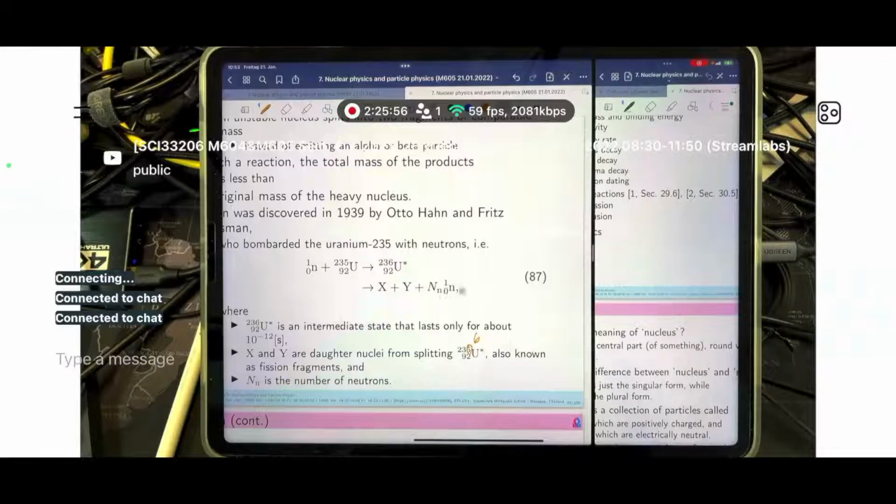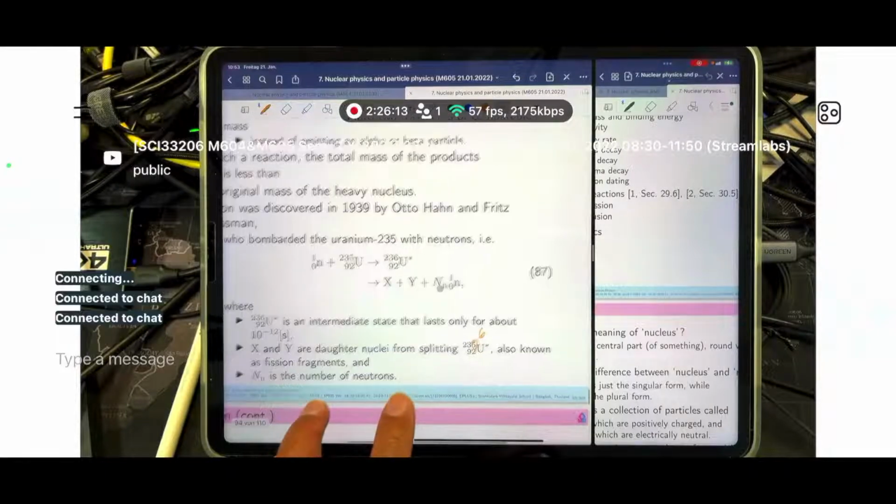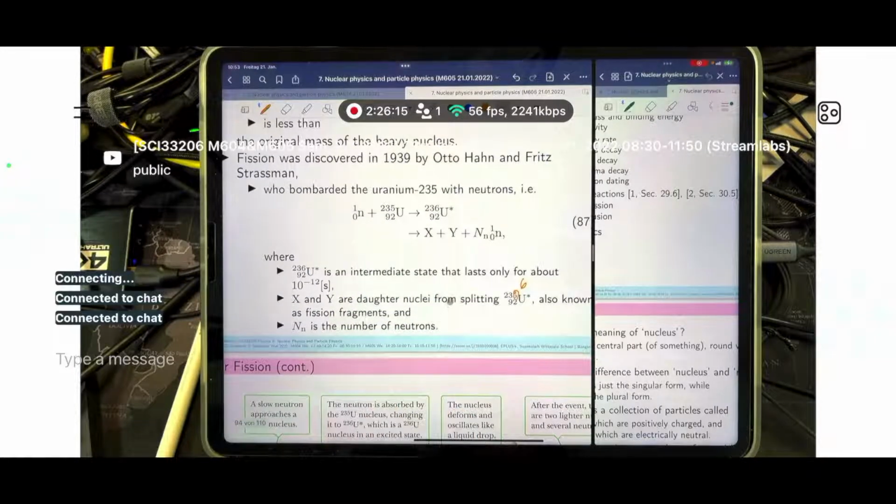And one more thing is the number of neutrons. Neutron is n, right? And n means the number of neutrons that emerge from this process. n could be any integer: 1, 2, 3, 4, 5, 6. This n is the number of neutrons.